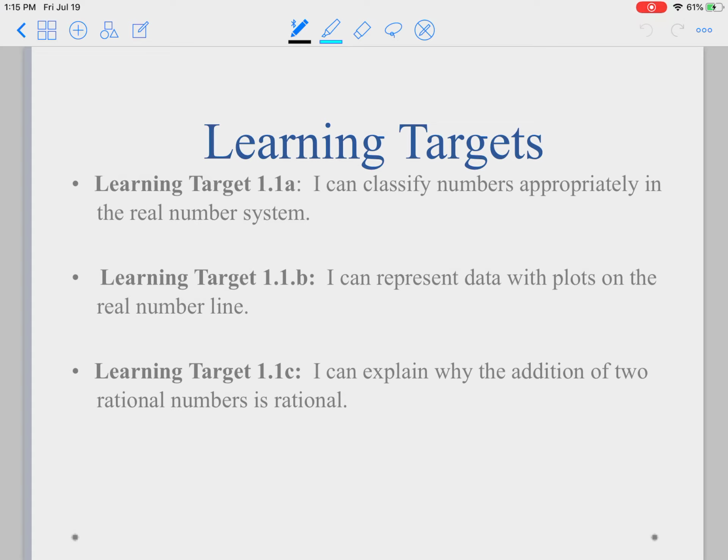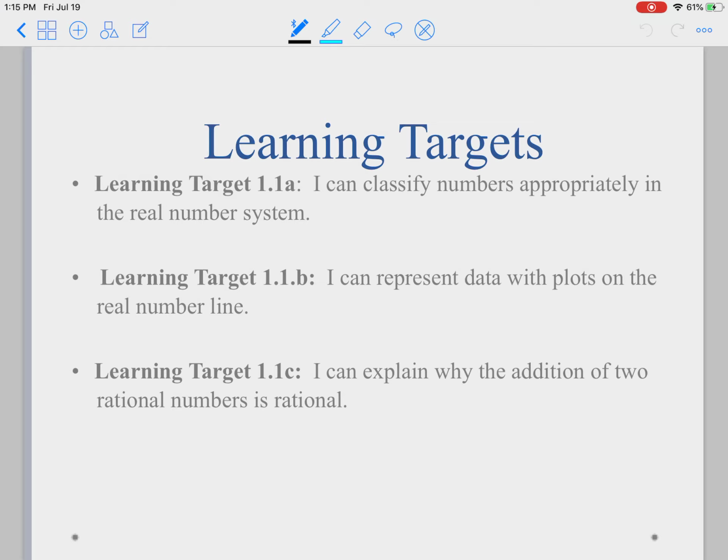And then finally, we will be working up to this learning target a little bit. It may carry over to a couple of different units or sections in this unit, and that is learning target 1.1c. I can explain why the addition of 2 rational numbers is rational. Again, that word explain, that verb is very important. That goes beyond the ability to just recognize or identify.